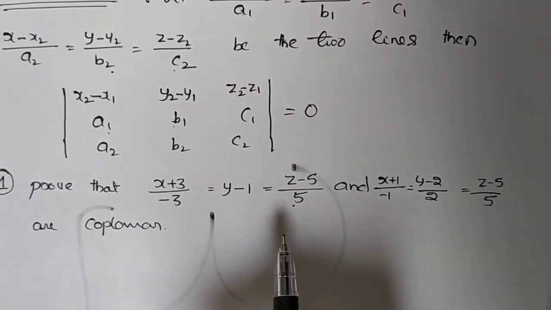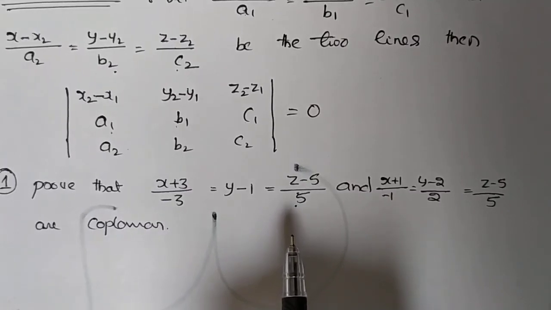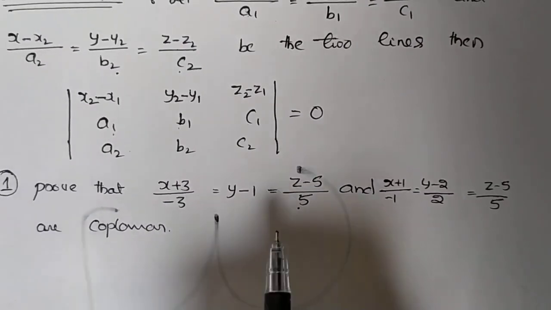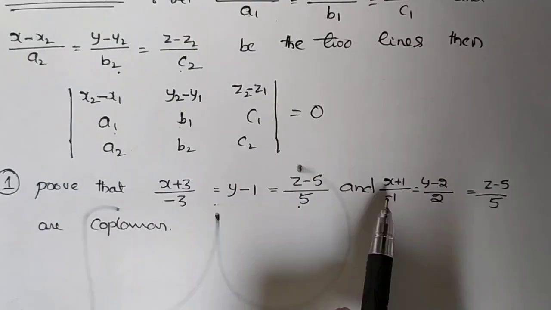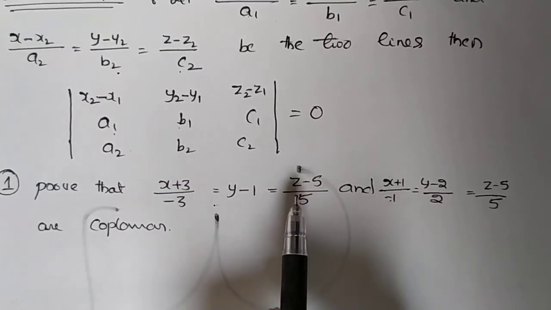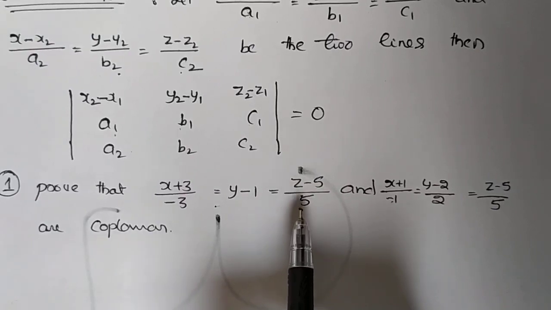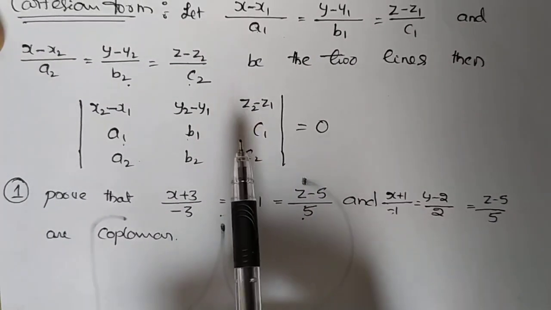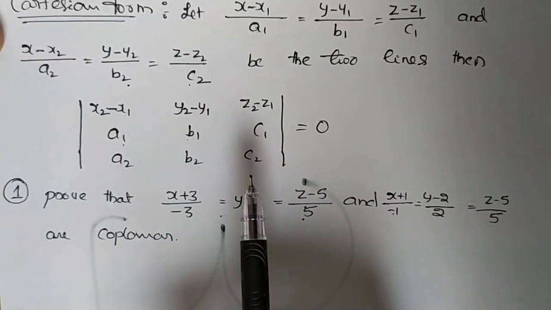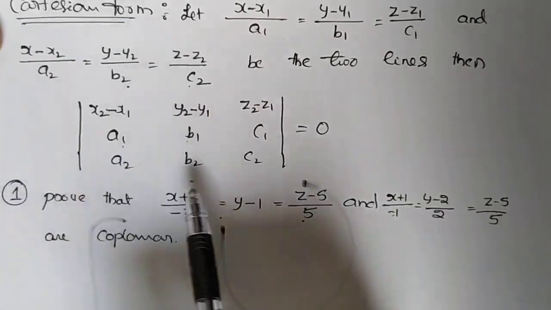What is the condition for coplanar? Before that, just observe the given question. These are the lines given in Cartesian form, so we have to use the Cartesian form condition.